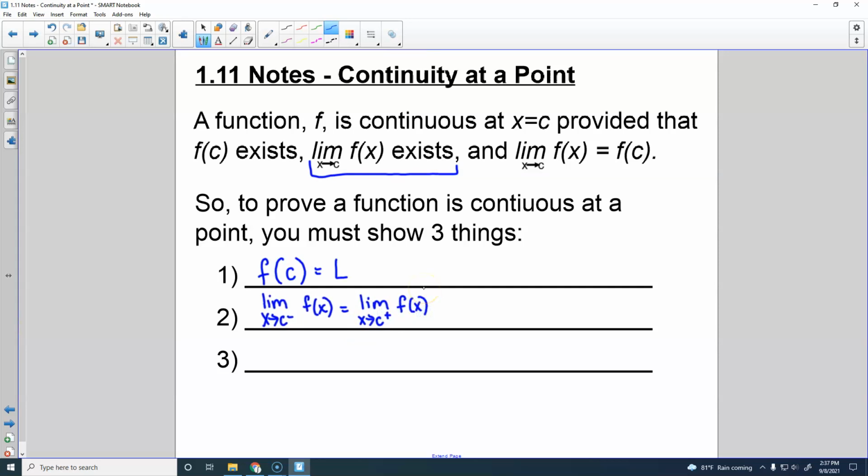So the limit from the left and the right have to be equal to each other, and we're going to say that they also equal some number L. And then finally, we've got to show that this limit as x approaches c of f of x equals f of c, both of which, of course, equal L.